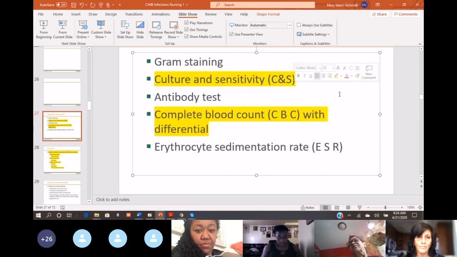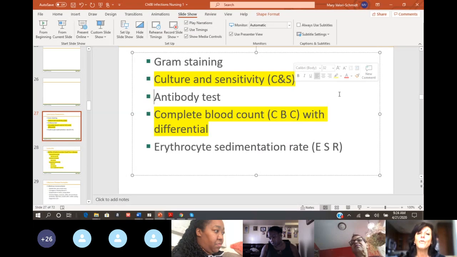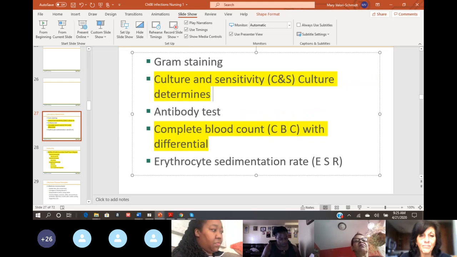A culture takes that urine or pus or sputum or whatever it is, puts it in a lab in a petri dish and allows whatever bacteria are in it to grow over the course of 2 to 3 days, okay?